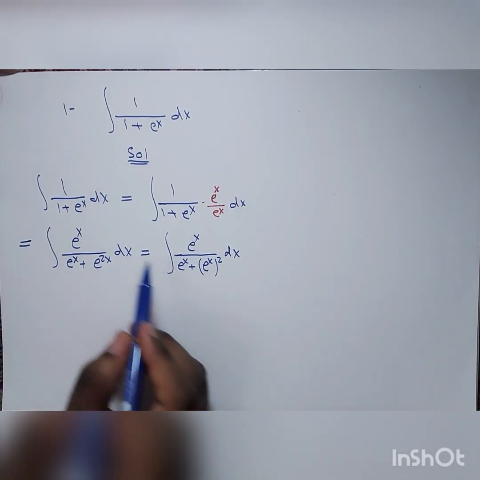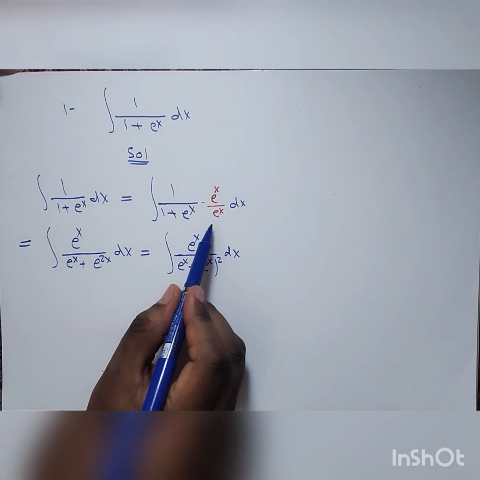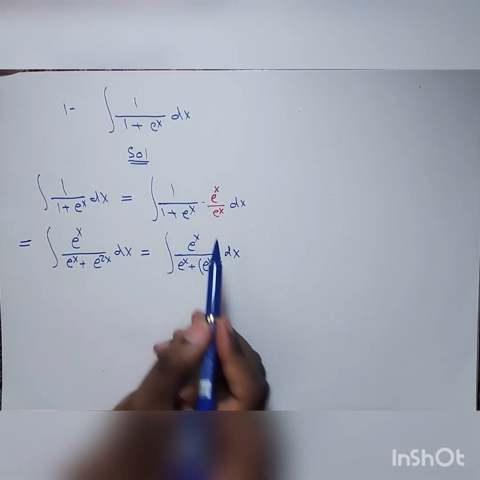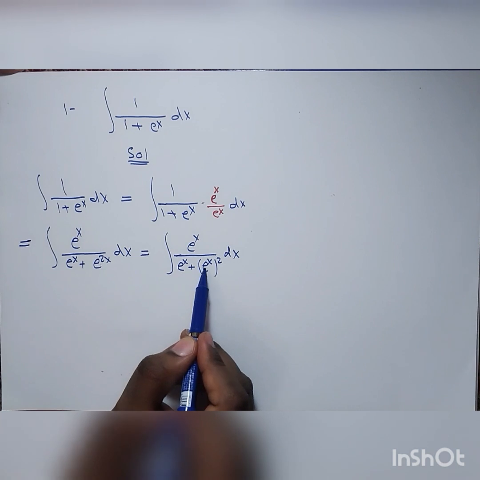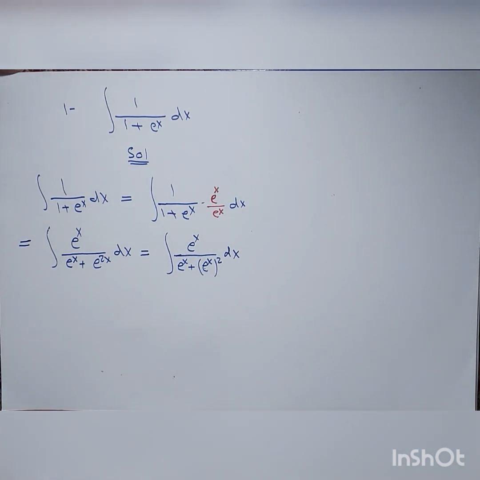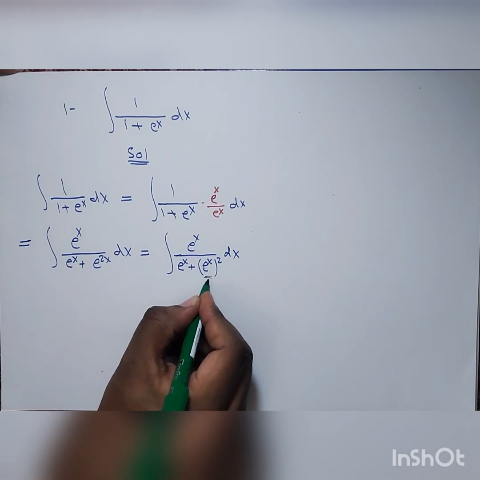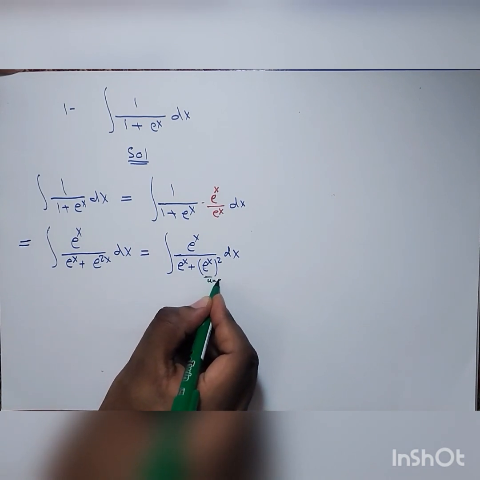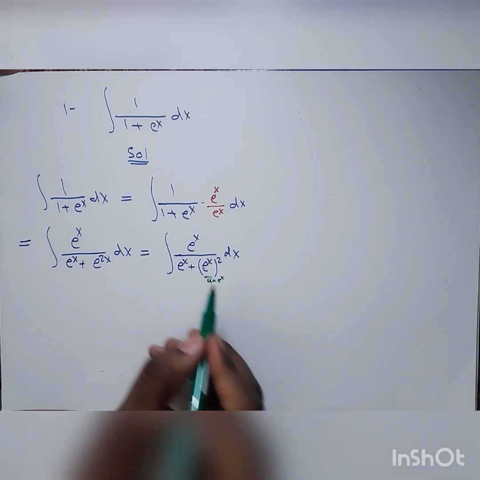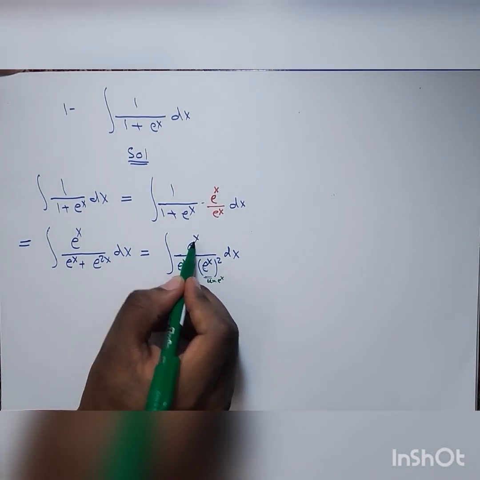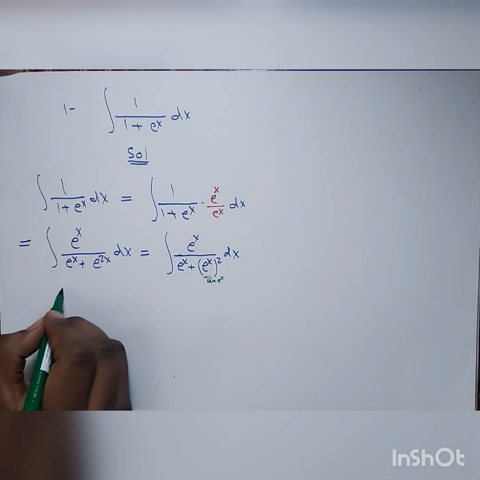Now you see why we did that, because we are planning to use integration by substitution. Obviously when we do this, we will have a function and its derivative inside the integral. So if we take u to be e to the power x, for example, we get the derivative, which is also e to the power x. So let us do the substitution.